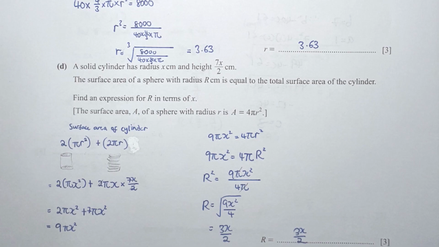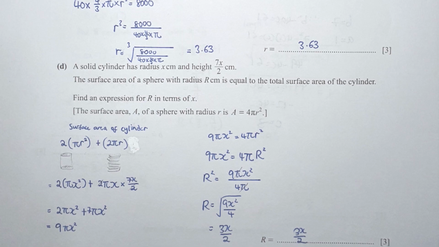As for part D, a solid cylinder has a radius of x cm and a height of 7x over 2. The surface area of a sphere with a radius of r cm equals the total surface area of the cylinder. Find an expression for r in terms of x. The surface area of a cylinder is 2 multiplied with pi r squared because of the top and bottom, and 2 pi r, the curved surface area, multiplied with the height.